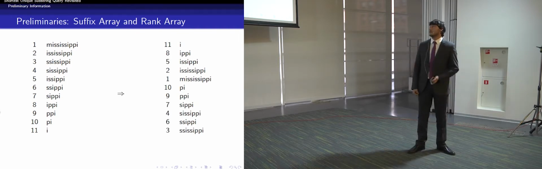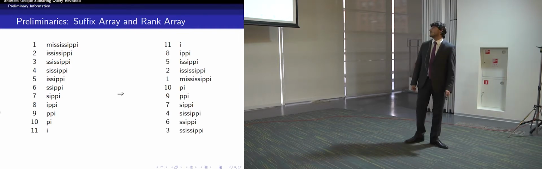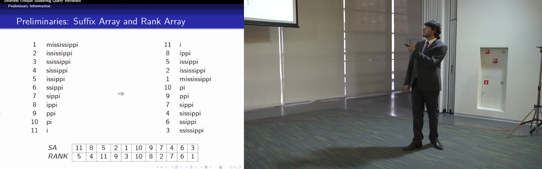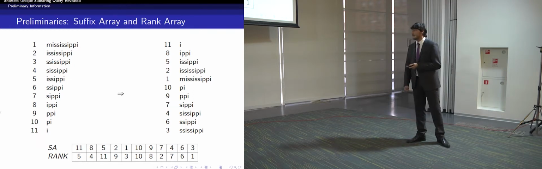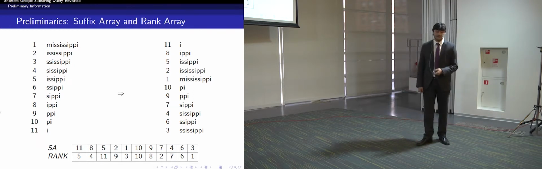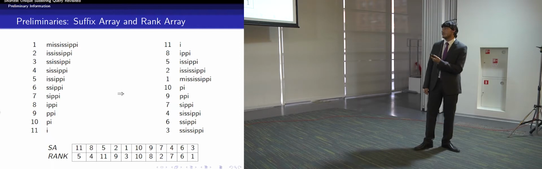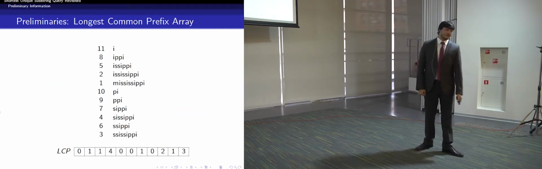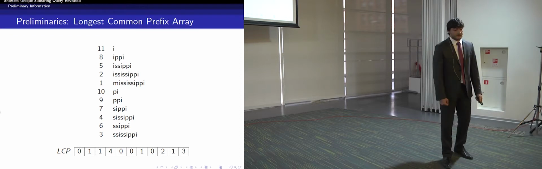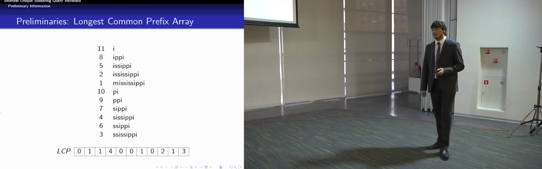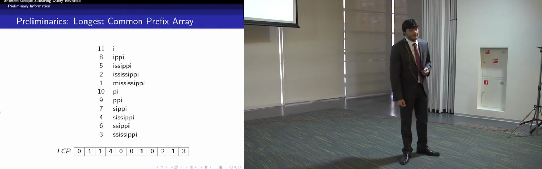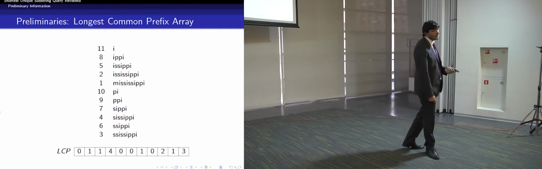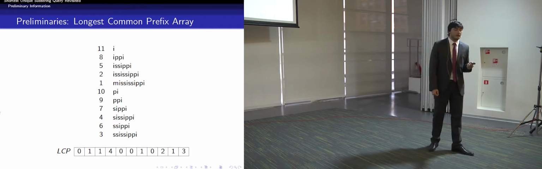How can we do that? We take all the suffixes. It's the most basic way of doing it: sorting them in order and taking their beginning positions as the suffix array, and the construction of the rank array is trivial once you have the suffix array. The other data structure we will use is the longest common prefix array. The longest common prefix array contains the length of the longest common prefix between suffix i and suffix i minus 1.